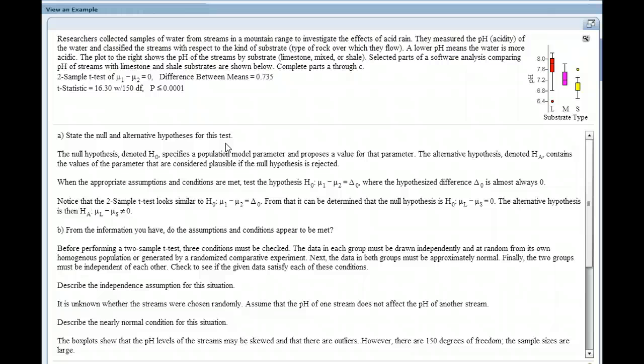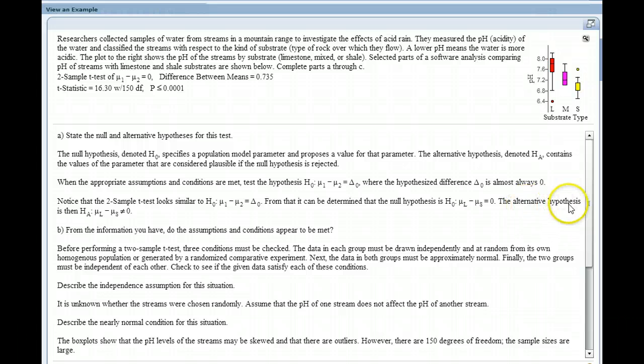So in that case, it would be that the values of mu1, and it's stated right here, the mean of one group minus the mean of another group is going to be equal to 0. So effectively we're saying that the limestone mean minus the shale mean is going to be equal to 0.